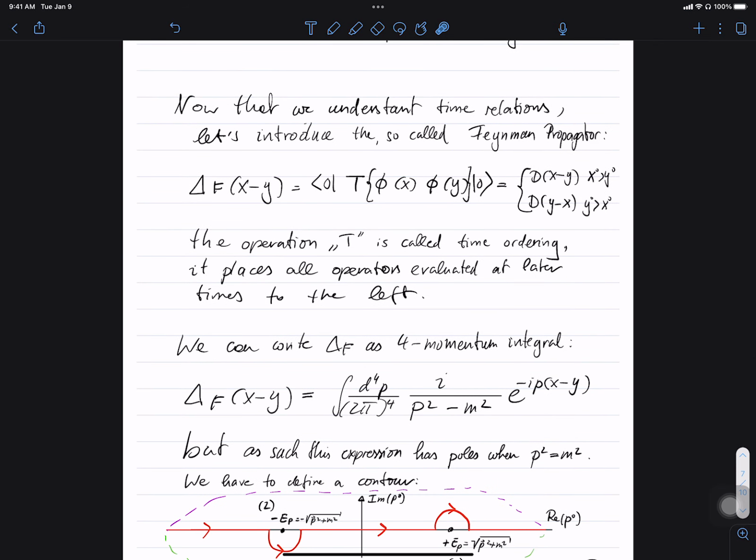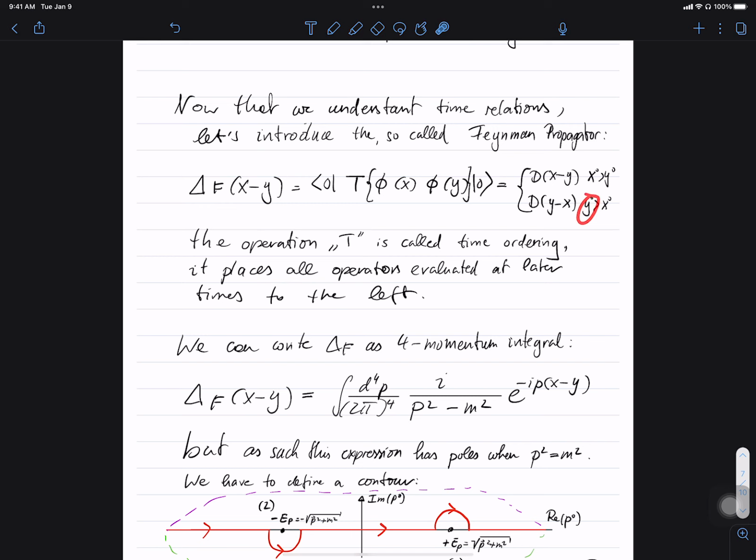Well, now let's understand time relations a little better and introduce the so-called Feynman propagator, named after Richard Feynman. The propagator is the time-ordered product of the fields between the vacuum states. This is the time ordering operator, which does the following. If the time component x naught is larger than y naught, it picks the propagator D(x minus y).